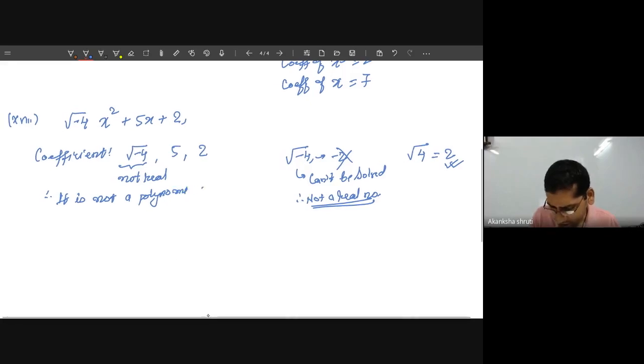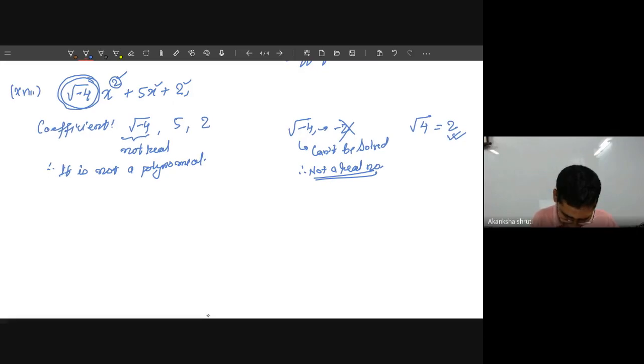Students, no need to check the powers, though the powers were 2, 1 and 0. Because of these coefficients, it is not a real number, so it cannot be a polynomial.